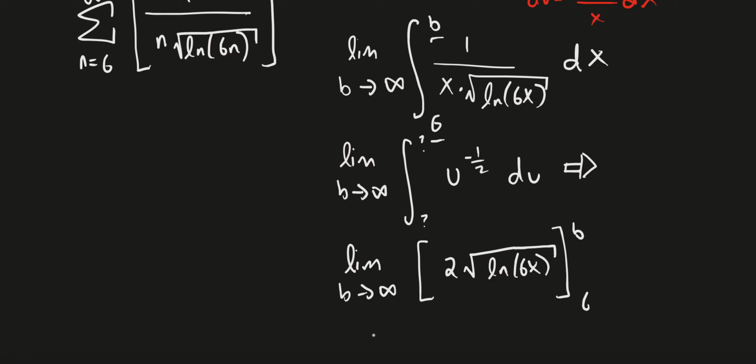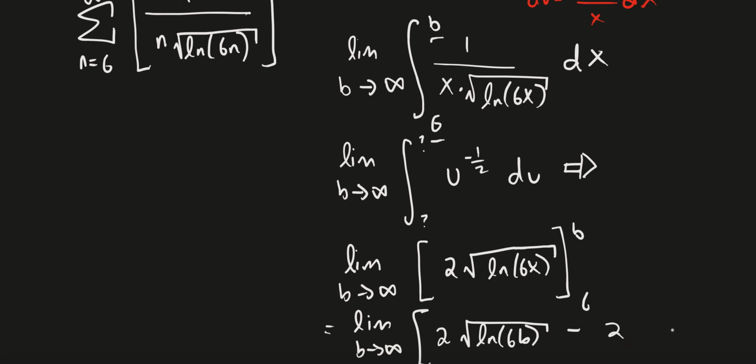So if we rewrite this, we get the limit as b approaches infinity. So plug in b into where we have our x's here. So it's just going to be 2 times the square root of the natural log of 6b minus 2 times the square root of the natural log of 36.